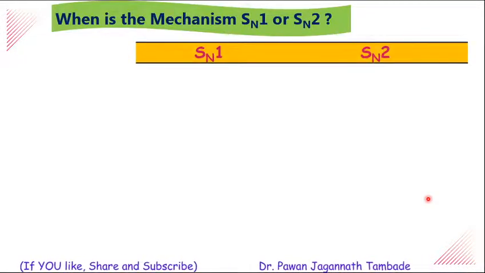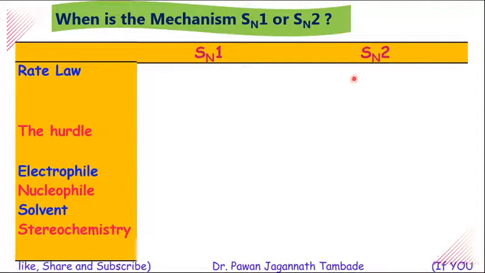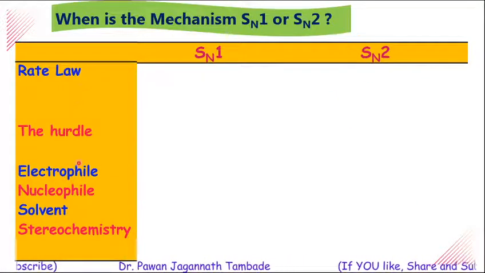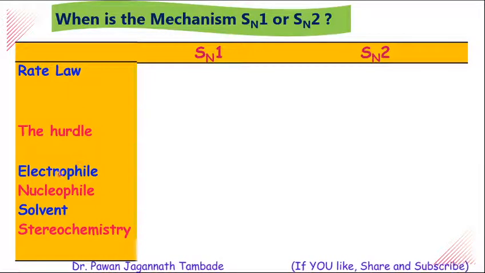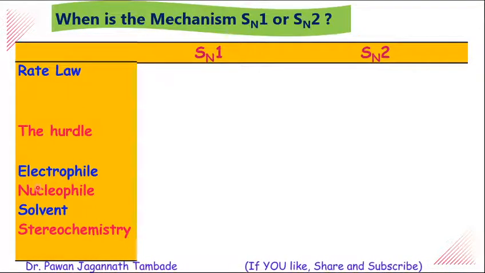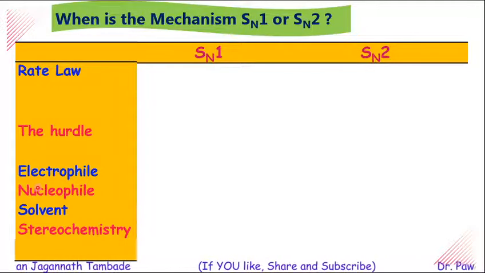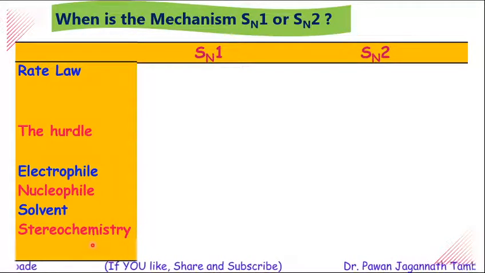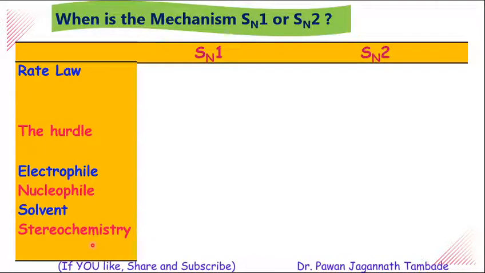So for that, we will consider some parameters for SN1 and SN2 comparison. In that, rate law, the hurdle in SN1 and SN2, the nature of electrophile, nature of nucleophile, the role of solvent and stereochemistry involved in these nucleophilic substitution reactions are very important.